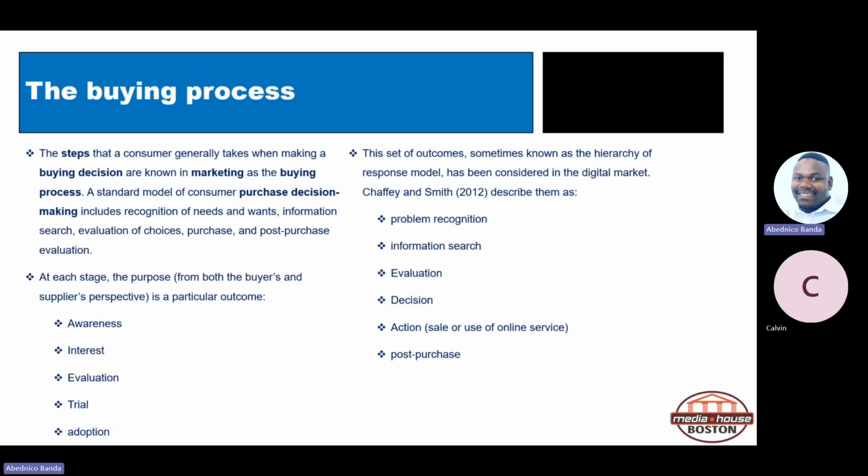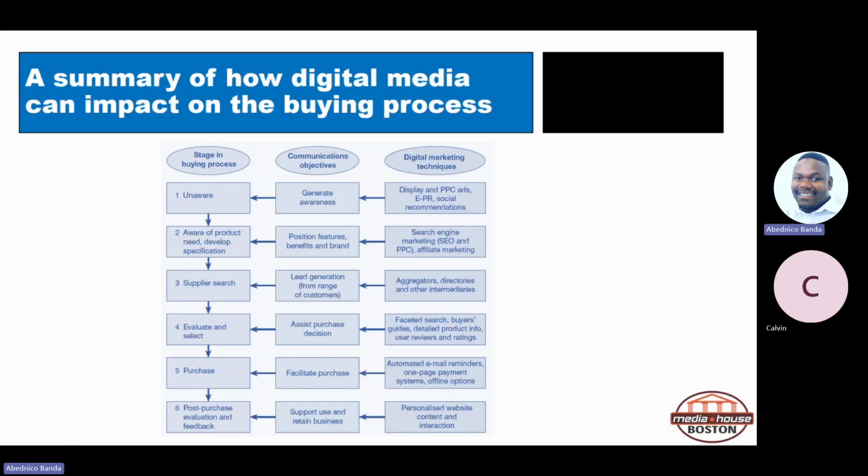When people make decisions, you must be there. When people are buying, you must be there and support them through that. Give them buying options, card options, cash options, and so forth. Post-purchase, even after people have bought from you, you must be there. Give them loyalty cards, smart shopper cards, so that they can come back. You are pushing retention there. So you must be there at each and every stage.